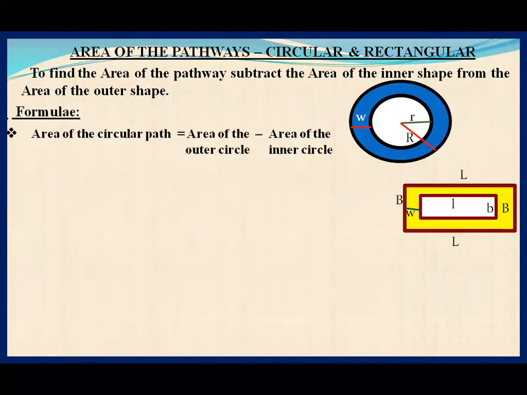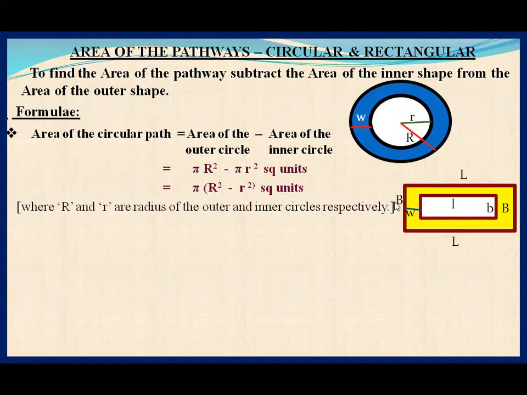When we take the circular pathway, it is area of the outer circle minus area of the inner circle. Here we have taken the outer radius as capital R and inner radius as small r. So that is pi R squared minus pi r squared. Since pi is common, you can take pi out and you will get R squared minus r squared. So pi into (R squared minus r squared) is the area of the circular pathway, where R and r are the radius of the outer and inner circles respectively.